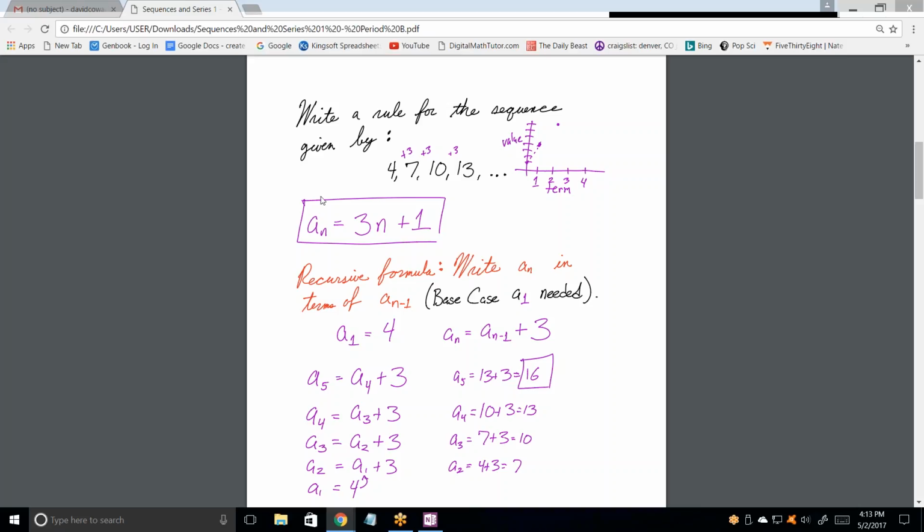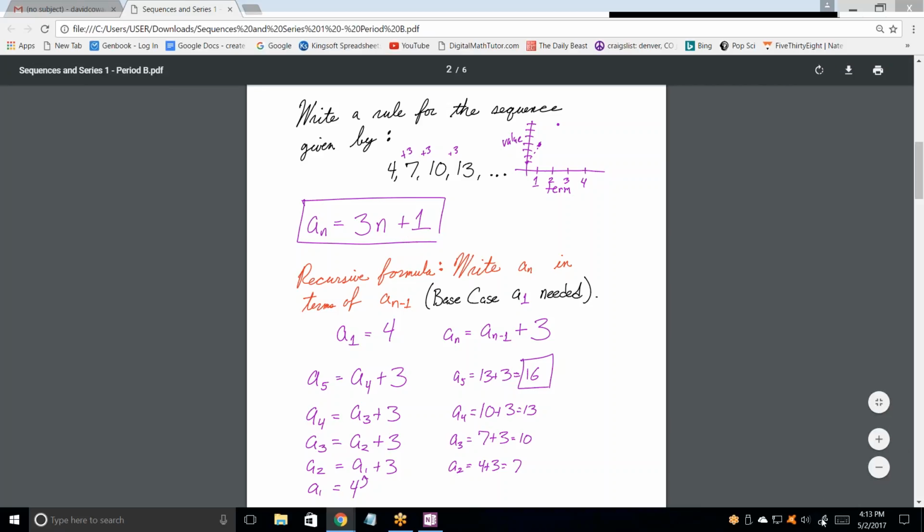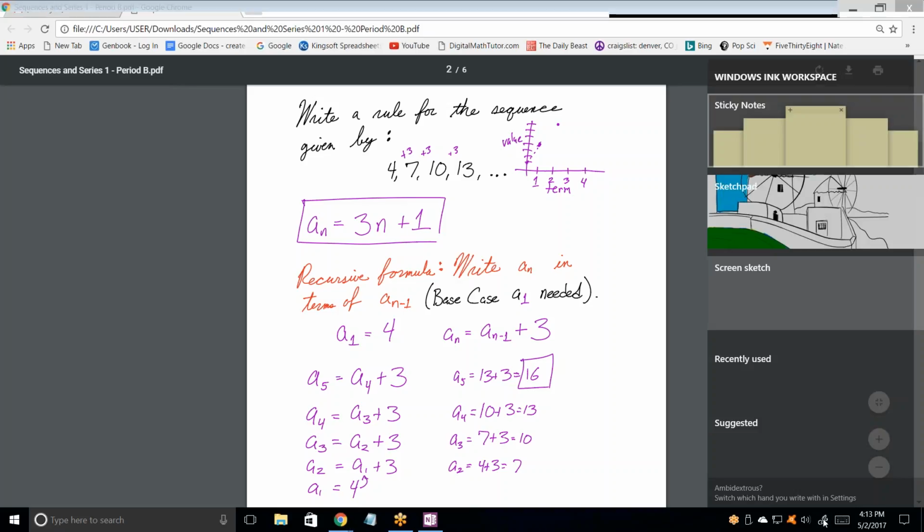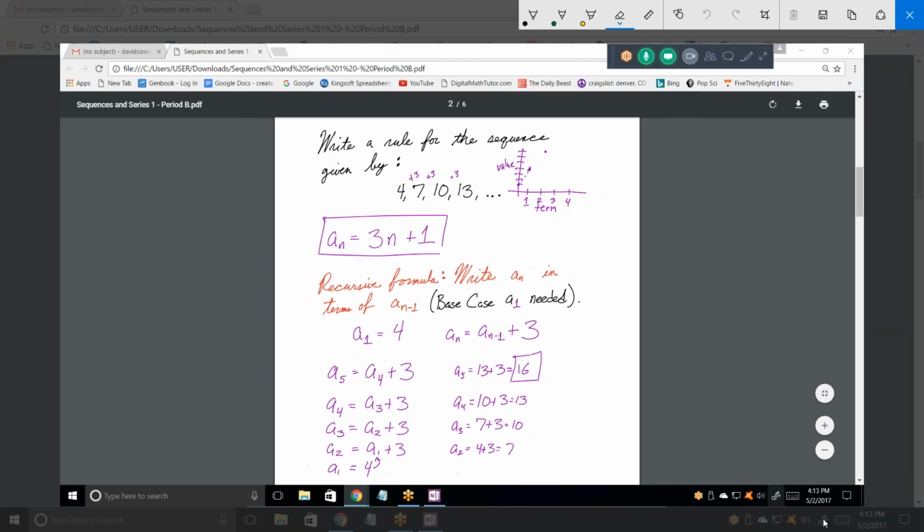Now, how did they get that answer? Well, let's go through it. They used the general term. In other words, the general term is a sub n equals the first term plus the common difference times n minus 1. Well, what's the nth term equal to?